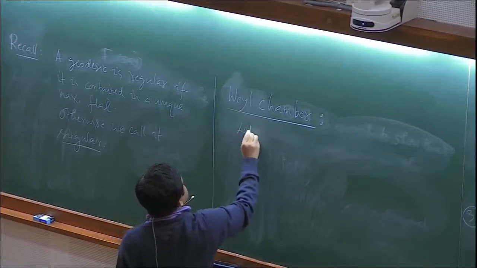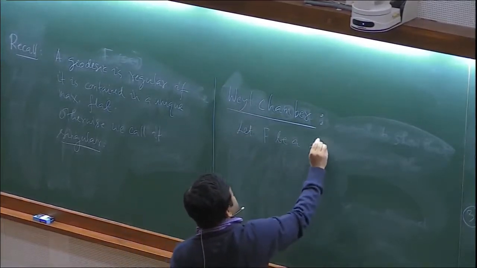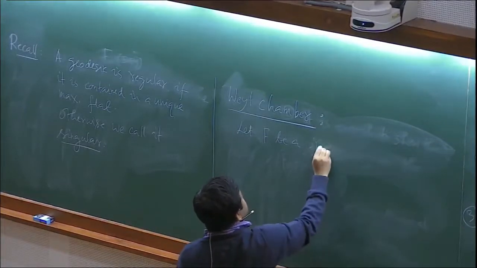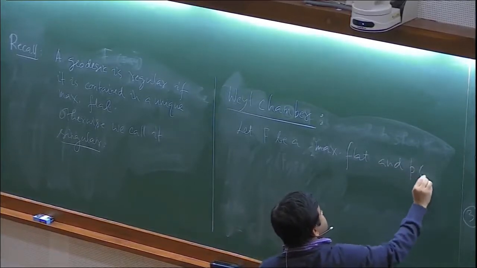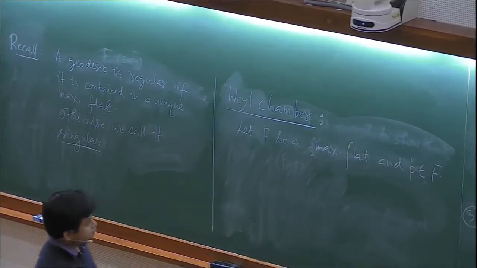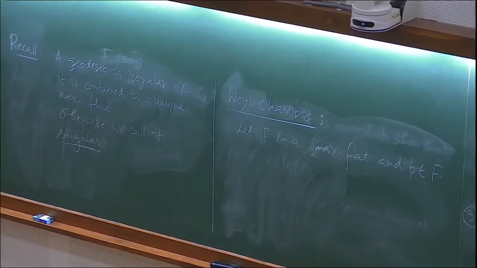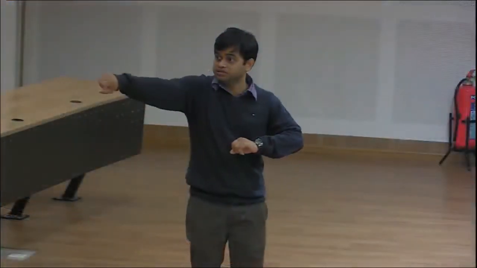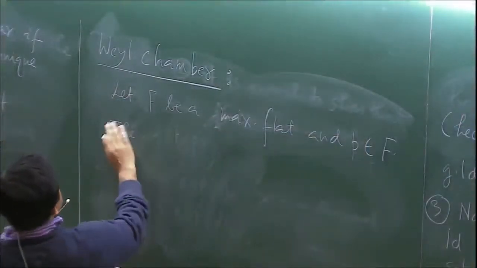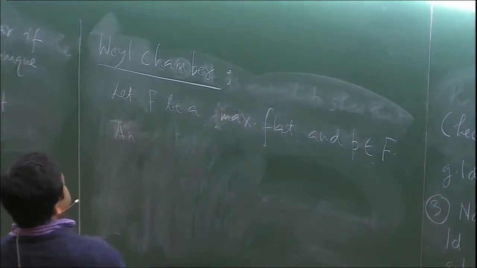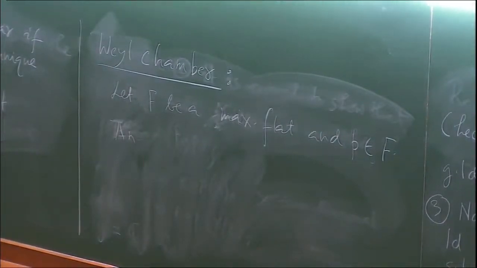Let F be a maximal flat, and I have a point P inside F. Then consider geodesic rays that are starting from P. So all the geodesic rays: some of them are regular and some of them are not regular, singular. Okay. So then, for a Weyl chamber, what you do is that you remove all the singular geodesic rays from this F.